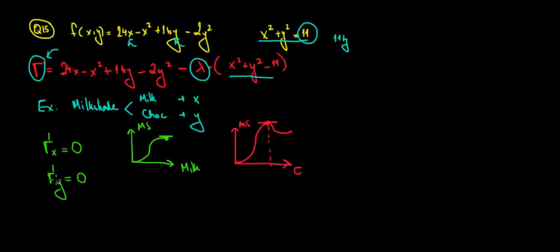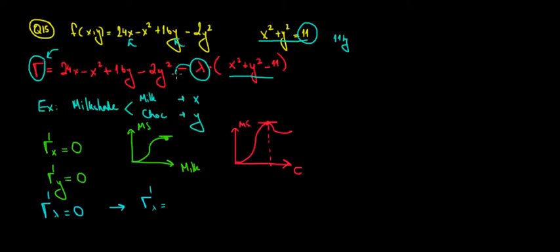And the last concept that I want to prove here is that the derivative of the Lagrange with respect to lambda also has to be 0. Now, is that realistic? Well, let's see. If we take the derivative of Lagrange with respect to lambda, we have lambda over here, which means everything else is kept as a constant.